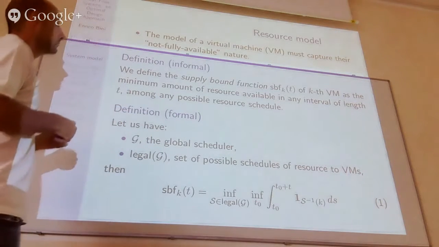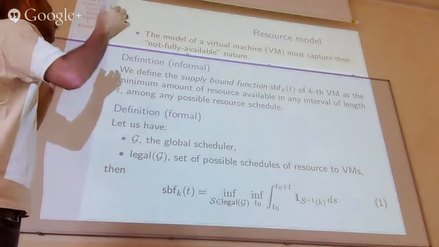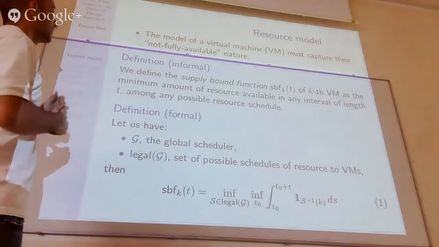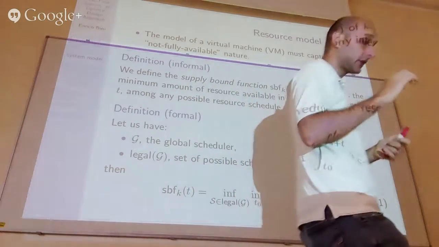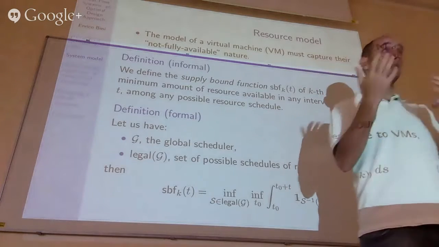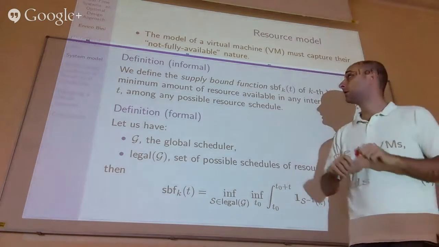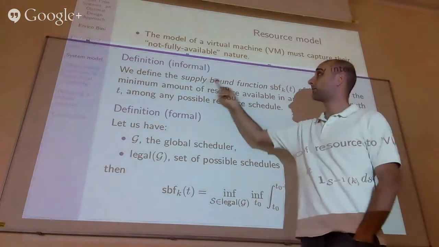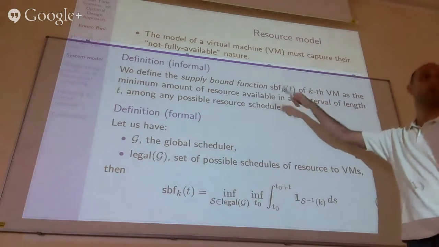And so I have two definitions, one informal, in words, and the second one a bit more formal. Basically, we model the amount of resource that is provided from a virtual machine to an application by the so-called supply-bound function. Let's see first the informal version.